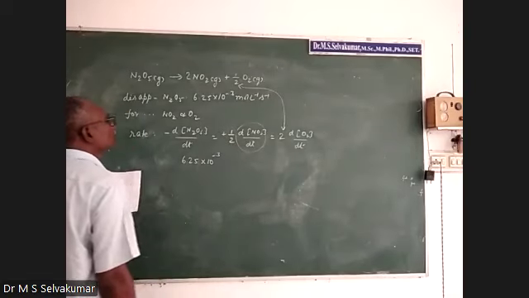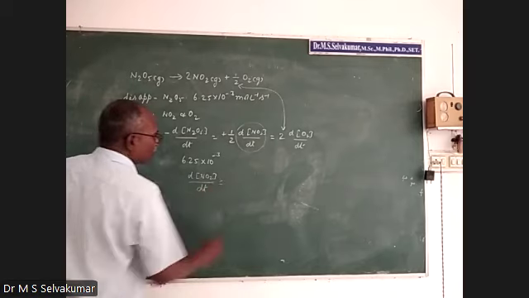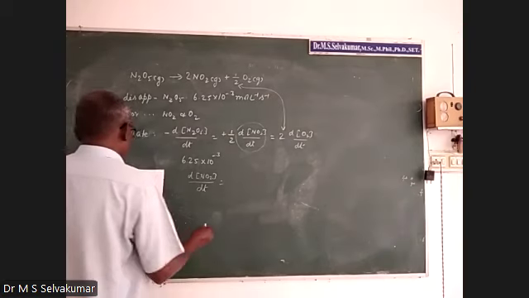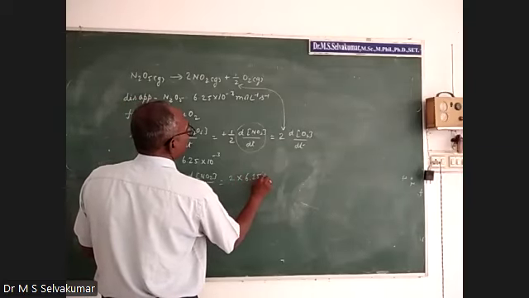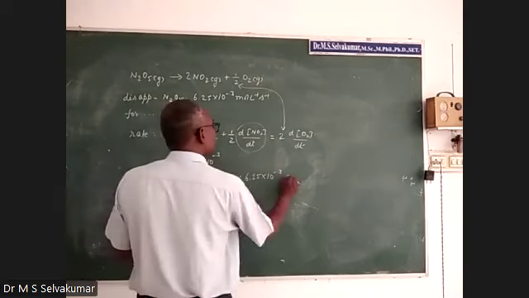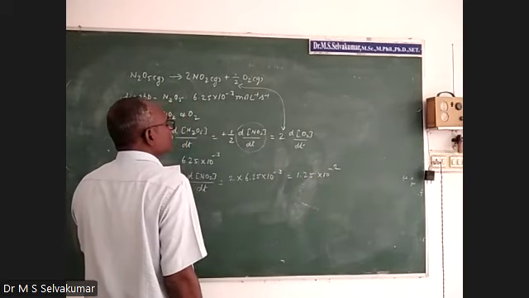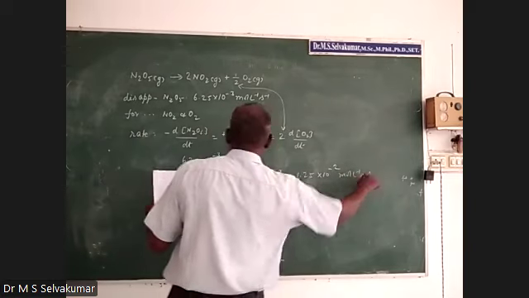So this will be dNO2 dt is equal to 2 times 6.25 into 10 power minus 3, which is equal to 1.25 into 10 power minus 2 mole per liter per second.